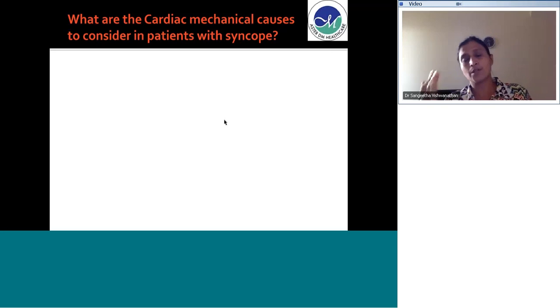So these would be the left-sided obstructions that could result in syncope. So similarly, on the right side, you can have severe pulmonary stenosis that can limit the cardiac output. Okay, you can have a pulmonary embolus. So you have a massive pulmonary embolus that can also limit the cardiac output by blocking the pulmonary artery.